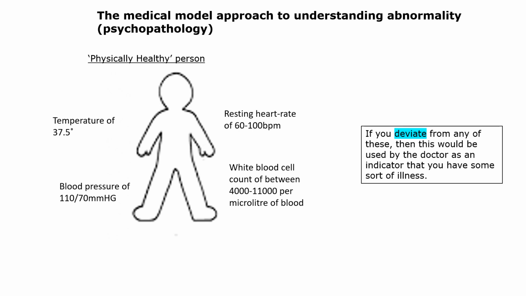So for example, they know that a healthy resting heart rate is between 60 and 100 beats per minute. They know that a healthy body temperature is 37.5, and they know what a healthy blood pressure is. They know if they took blood tests what a healthy white blood count would be.